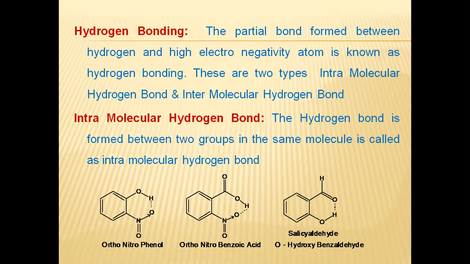Let us take an example, ortho-nitrophenol. Here the hydrogen bond is formed between the oxygen and the hydrogen, which are both present in the same molecule, so it is called intramolecular hydrogen bonding. Here in ortho-nitrobenzoic acid, the partial bond formed between the oxygen and hydrogen is within the same molecule, so it is called an intramolecular hydrogen bond.